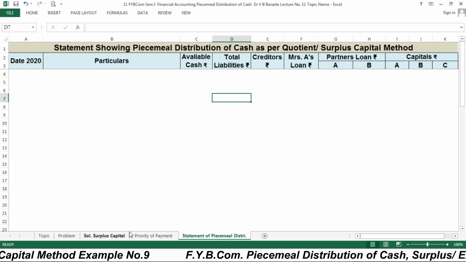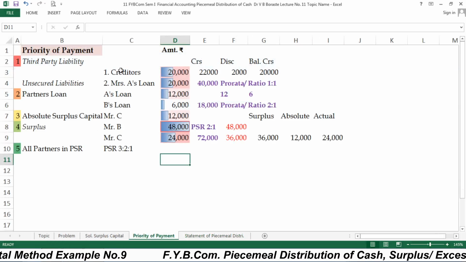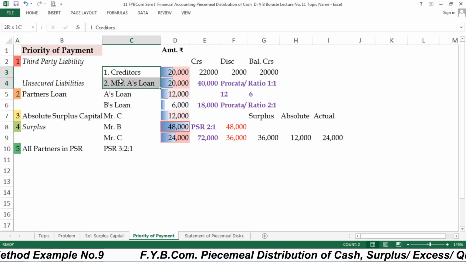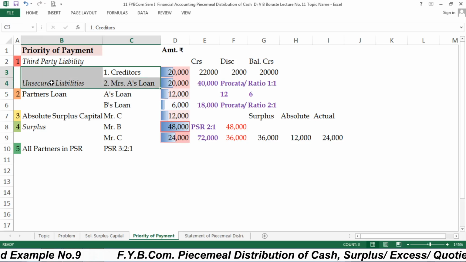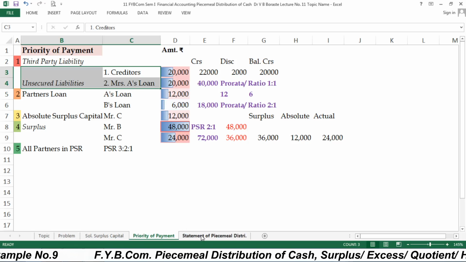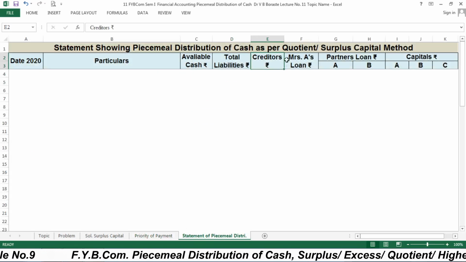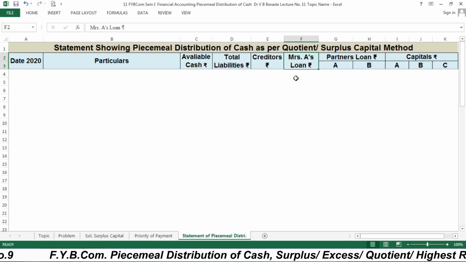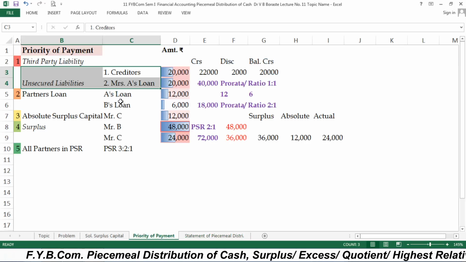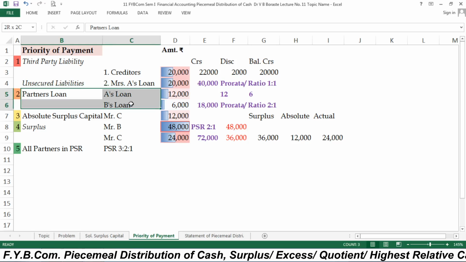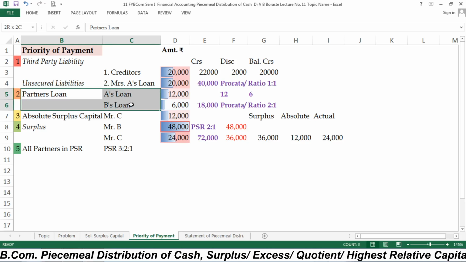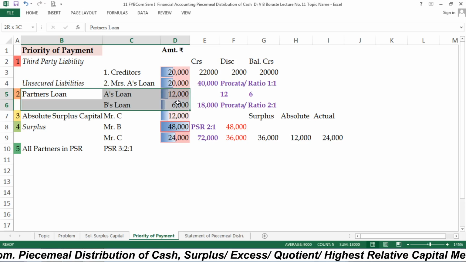After that, we have to consider the priority of payment. Here you can see there are two third-party liabilities which are unsecured liabilities, that is creditors and Mrs. A's loan. So the first column will be creditors and the second will be Mrs. A's loan. After that, we have partner's loans, that is Mr. A's and Mr. B's loan of 12,000 and 6,000.